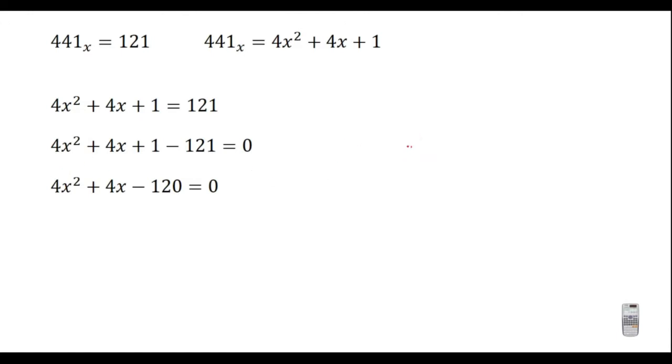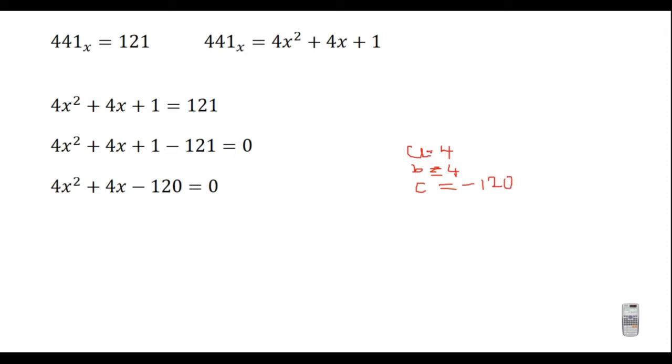So in this video, our a is 4. Then b is also 4. Then c is equal to negative 120.